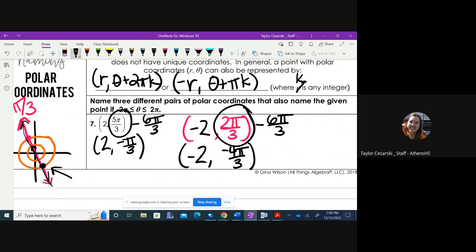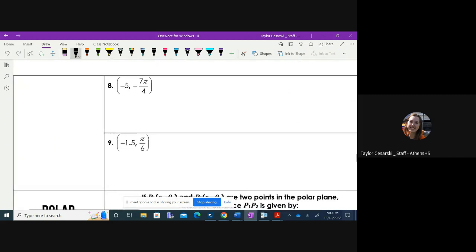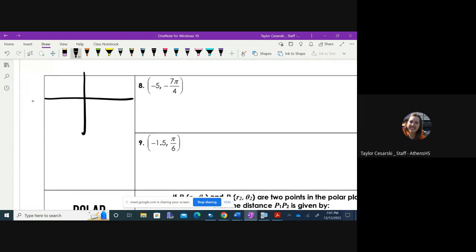Let's do another example. All right, let's do number 8. So negative 5, negative 7 pi over 4. So naturally, I'm going to want to find a coterminal angle because this one is negative. So plus 8 pi over 4 gives me negative 5, pi over 4. Anytime you're adding 2 pi, that's going to be the exact same angle.